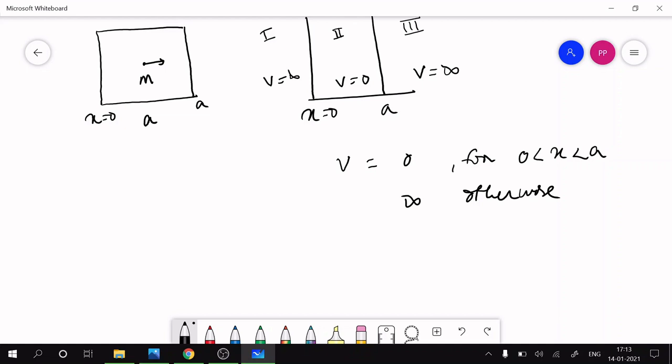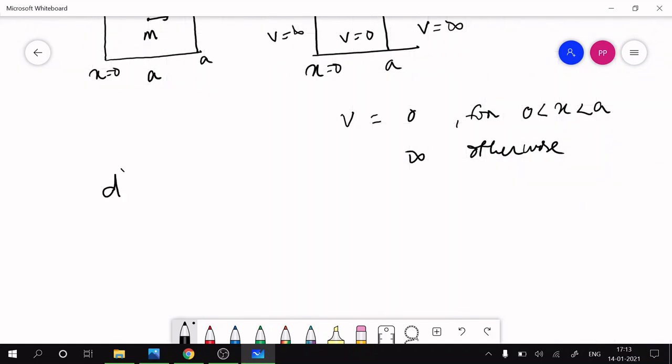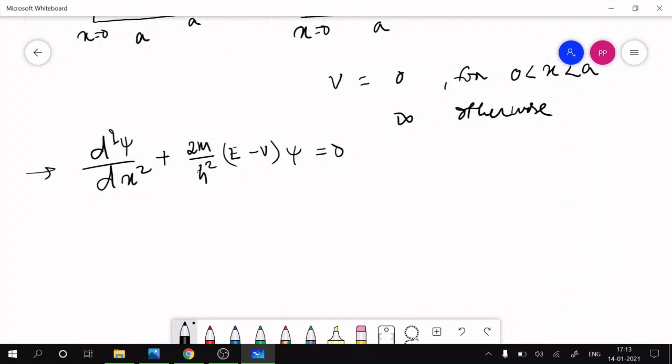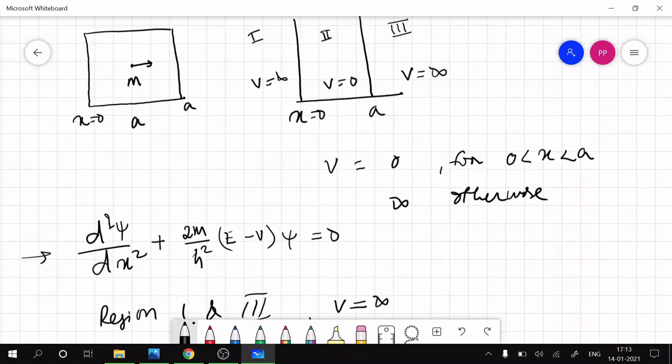The general one-dimensional Schrodinger equation is d²ψ/dx² + 2m/ħ² (E - V) ψ = 0. In region 1 and 3 the potential energy goes to infinity, so the particle will not be present there.